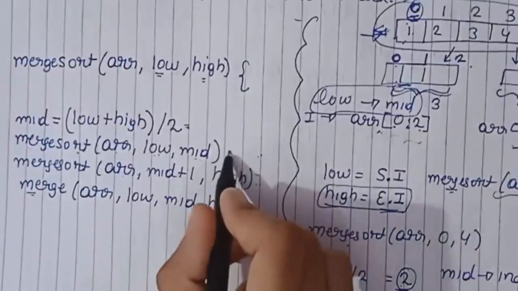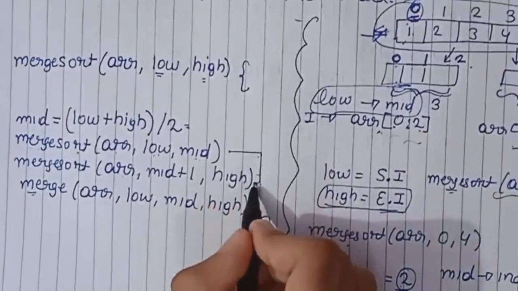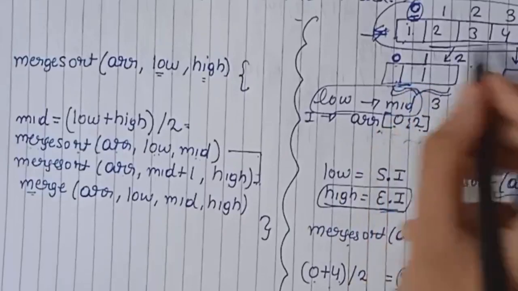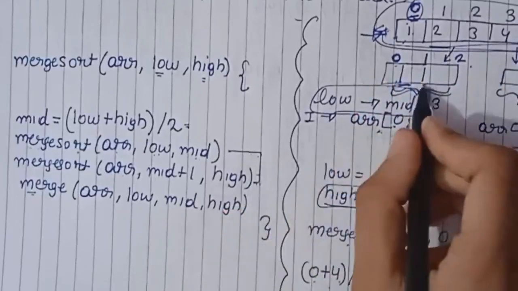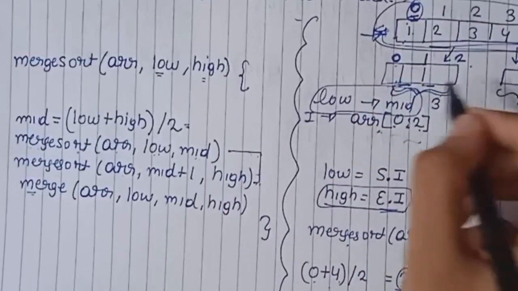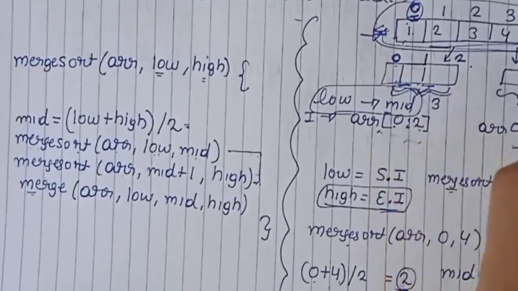That is, at these two steps, I am telling my compiler that from this array I have got these two subarrays, and now I need to apply merge sort again, that is the divide and merge procedure, on these two arrays separately.